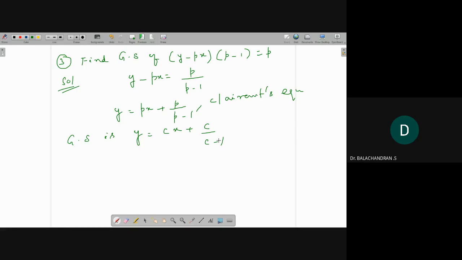Now I will give some problems. Fourth problem. Find the general solution and the singular solution of y is equal to xp plus p square.